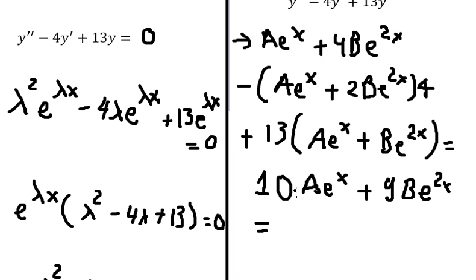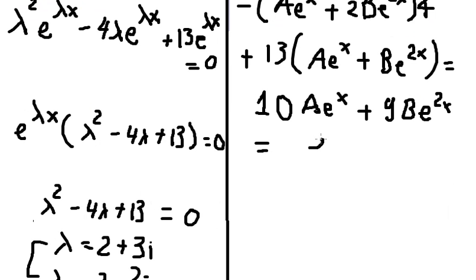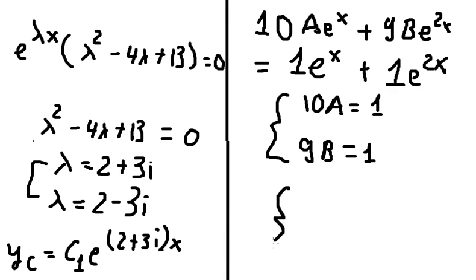We know that this one equals this one. So we know that the coefficient of this one is 1, similar for this one. So we have 10a equals 1 and 9b equals 1. So we divide both sides by 10 and 9 and we can find the solution of a and b.